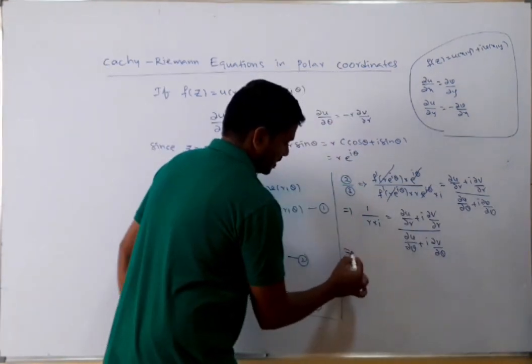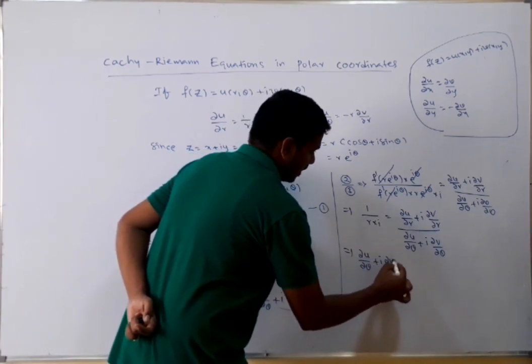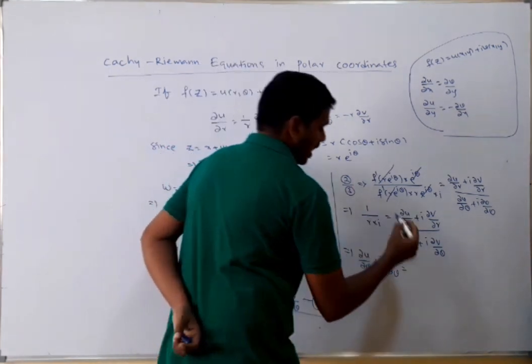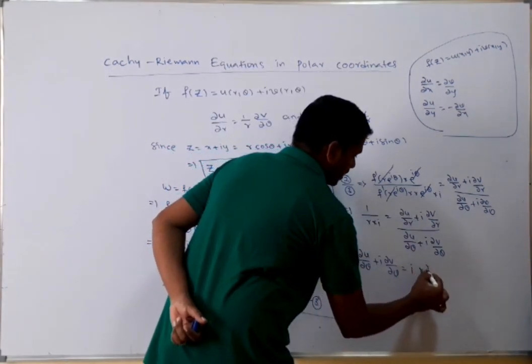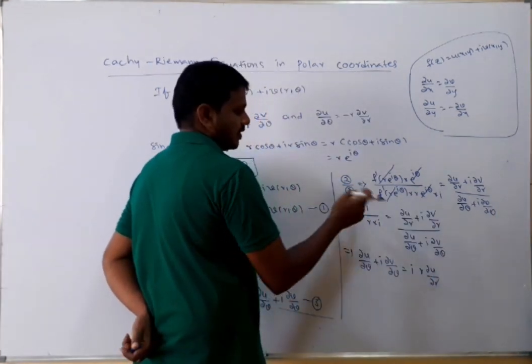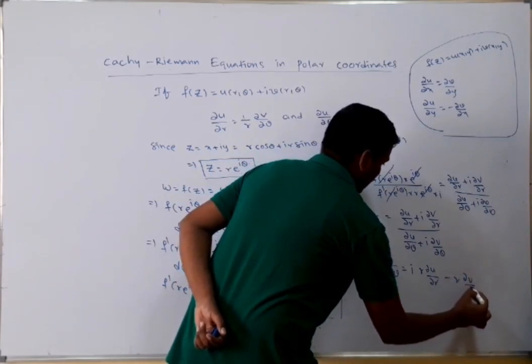By cross multiplication, we have ∂u/∂θ plus i ∂v/∂θ is equal to r into i, or i into r ∂u/∂r, plus i into i squared, which is minus 1, minus r ∂v/∂r.